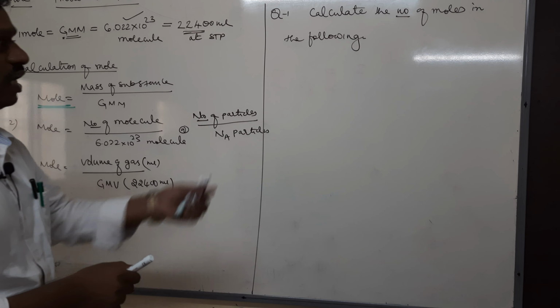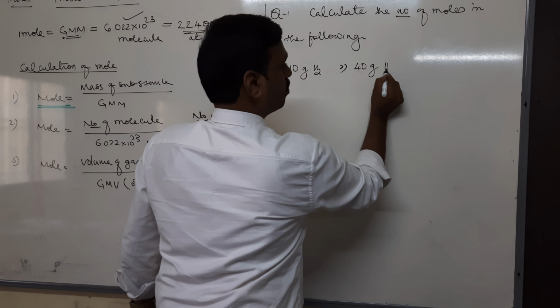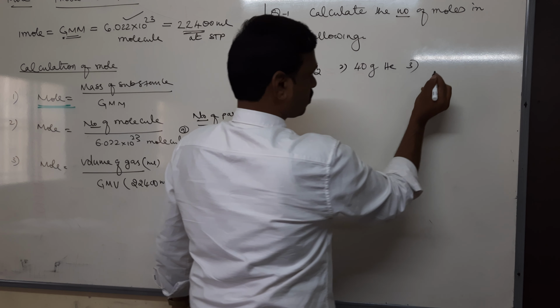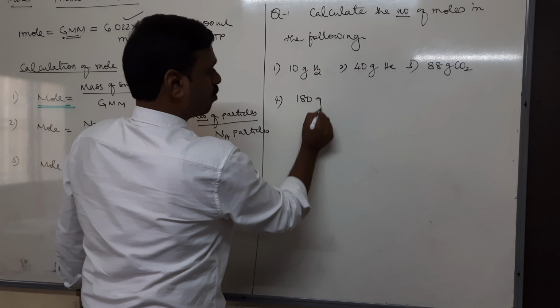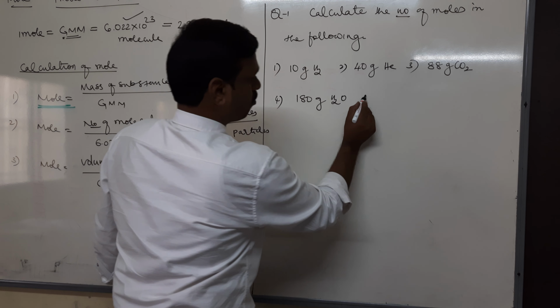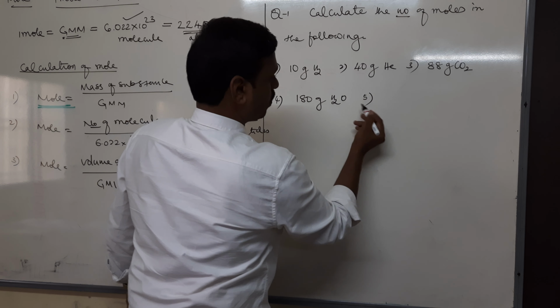Write 1: 10 gram hydrogen; 2: 40 gram helium; 3: 88 gram CO2; 4: 180 gram water; 5: 1.8 gram glucose. Calculate the number of moles.